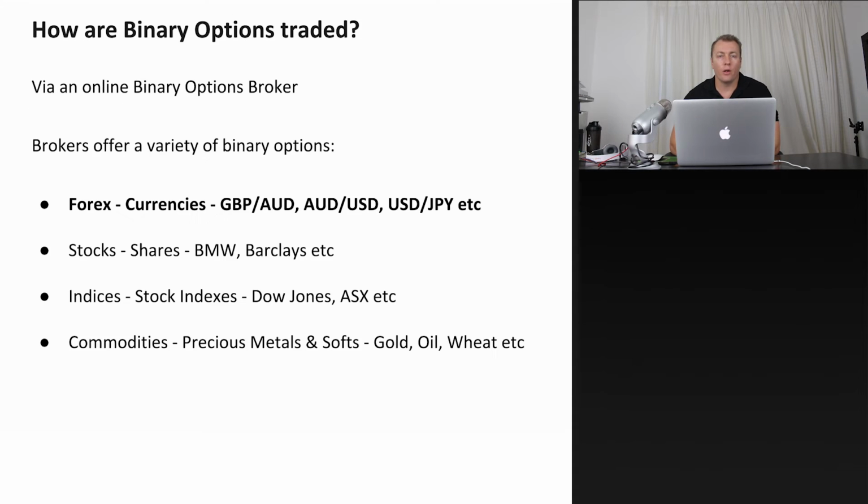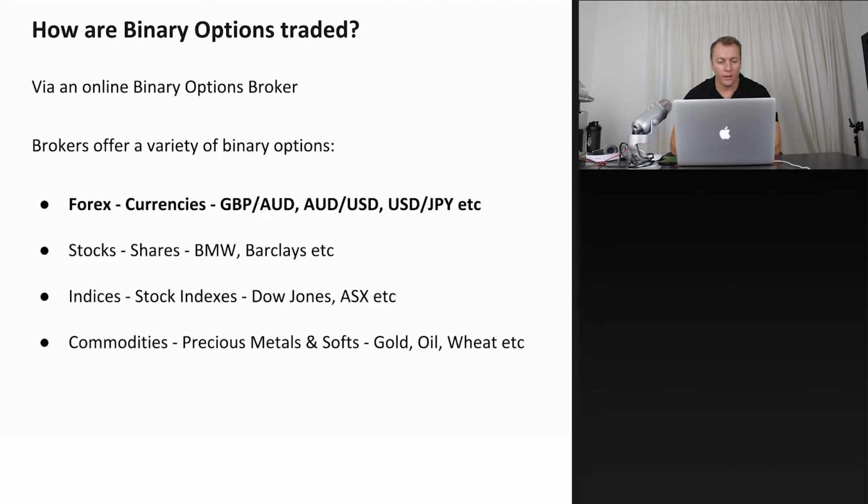So how are binary options traded? Binary options are traded via an online binary options broker. There is a variety of different brokers out there, which I'll explain in the next lesson. Each broker offers a variety of actual binary options, so we'll go through all the different types of options.